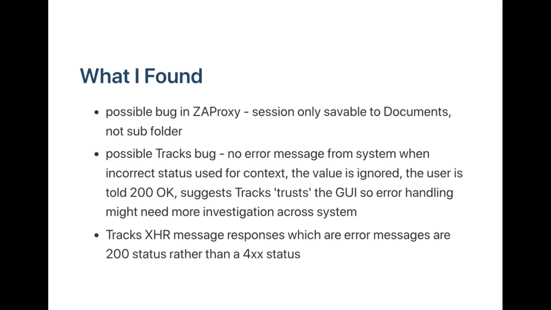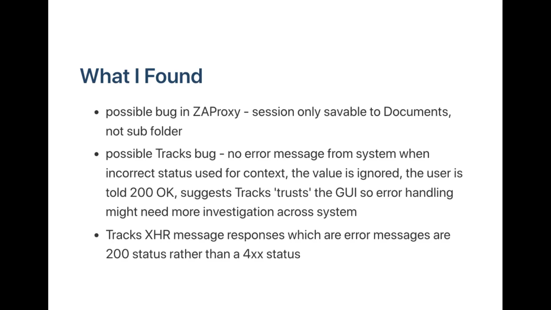So, what I found. I found a potential bug in ZAP that I wasn't expecting, but I don't know whether that's because I've just upgraded the Mac operating system to this new horror that keeps asking for permissions to save stuff, and perhaps ZAP didn't, so I wasn't able to save to subfolders. Don't know.